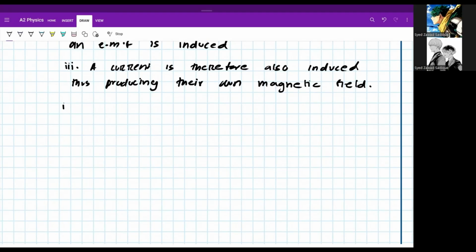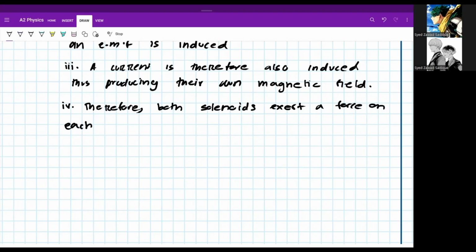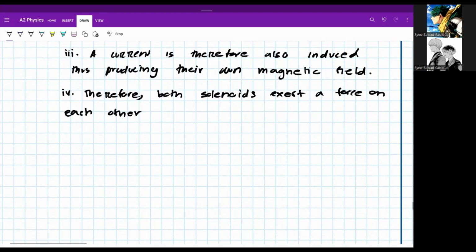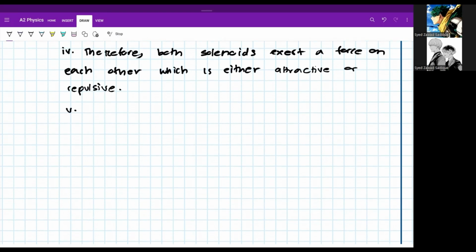Point number 4 is therefore both solenoids exert a force on each other, which is either attractive or repulsive. Number 5.